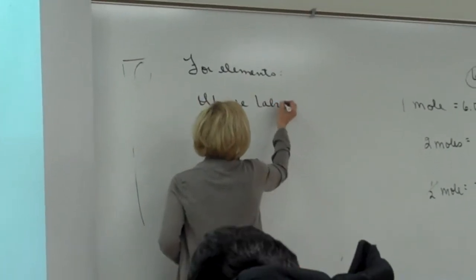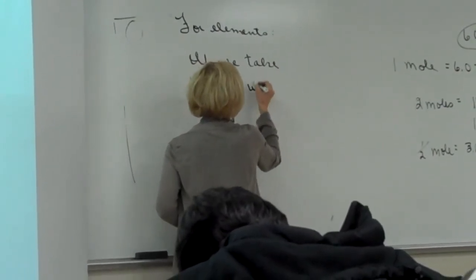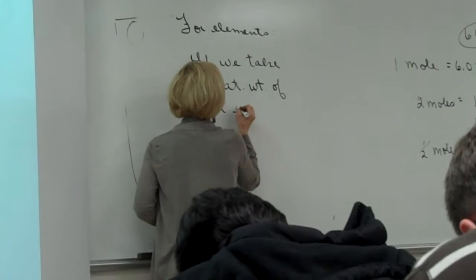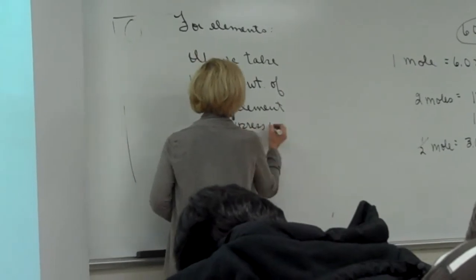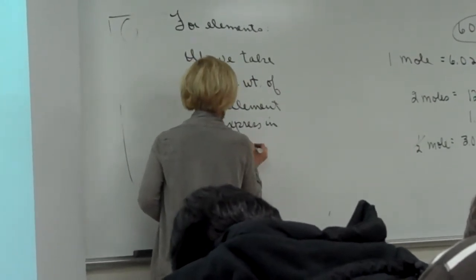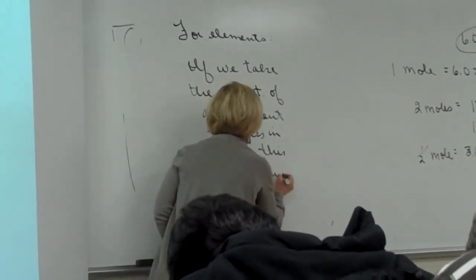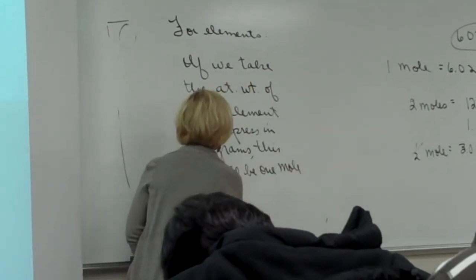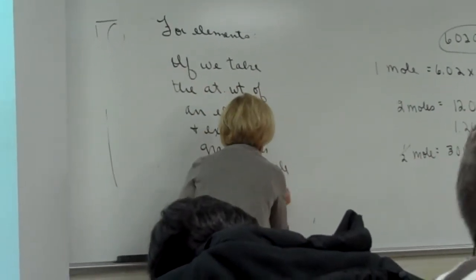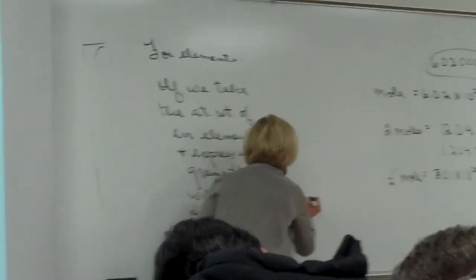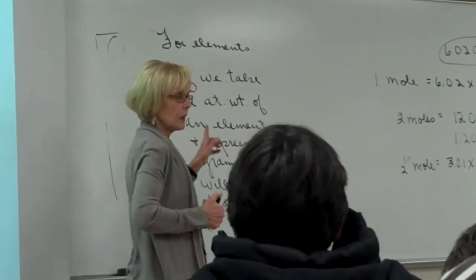If we take the atomic weight of an element and express it in grams, this will be 1 mole of atoms, or 6.02 times 10 to the 23rd atoms. Okay, this one's a biggie.